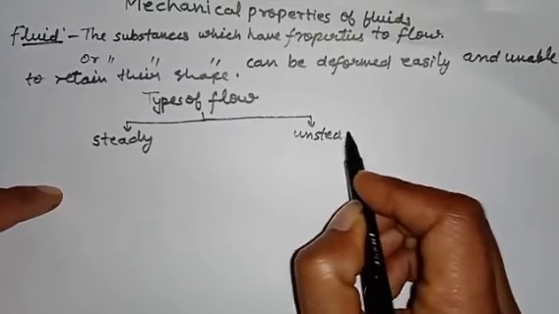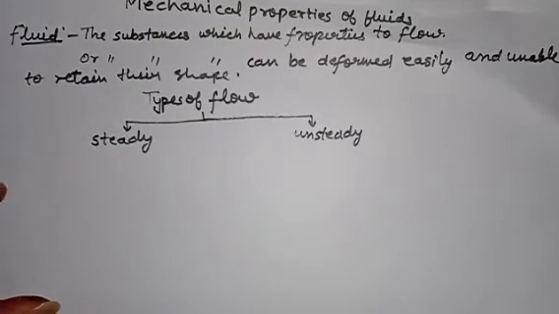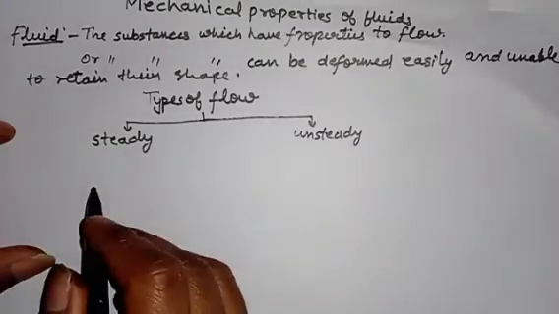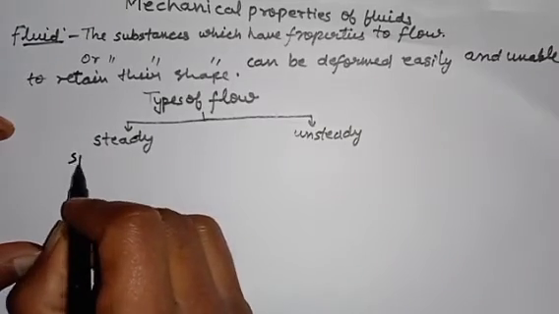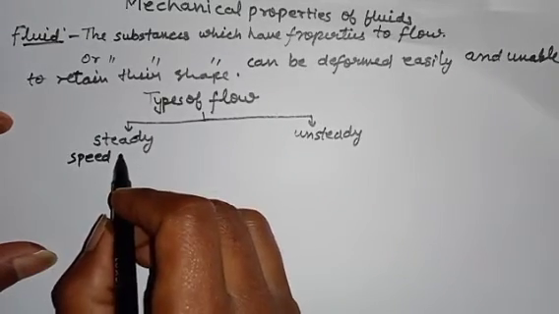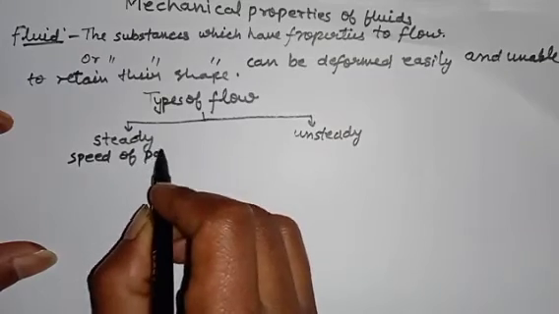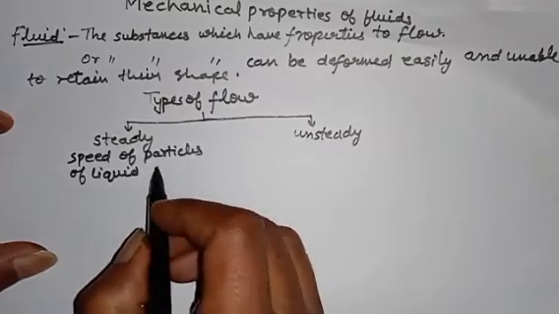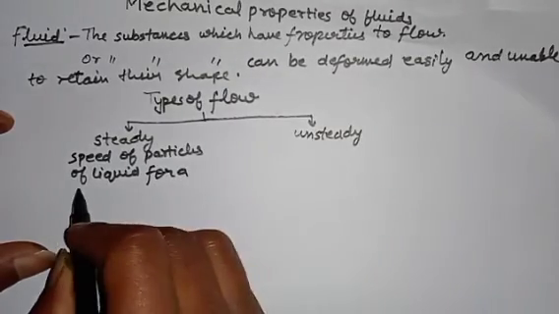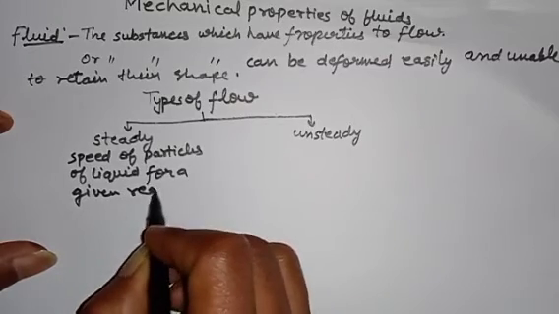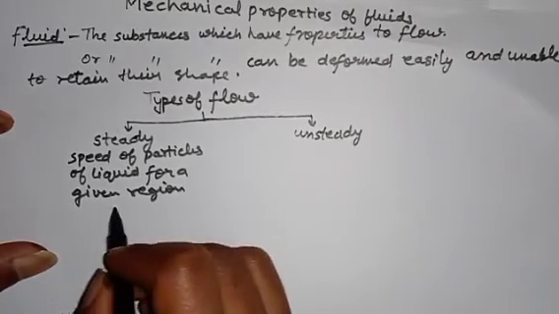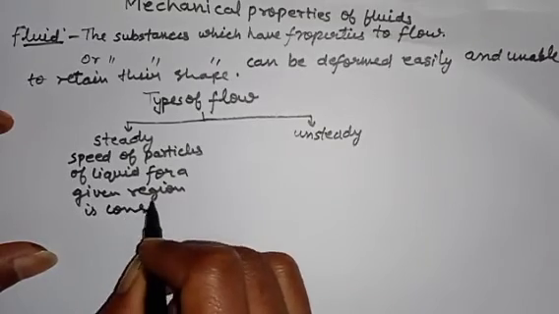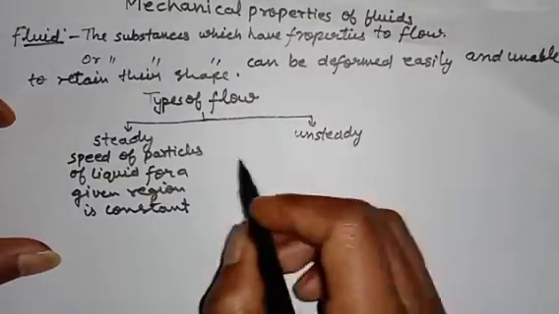So we can say that steady flow, unsteady flow. So steady flow means, in steady flow, speed of particles of liquid for a given region is constant, whereas unsteady, just opposite.